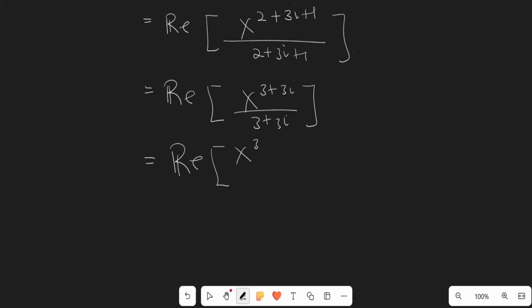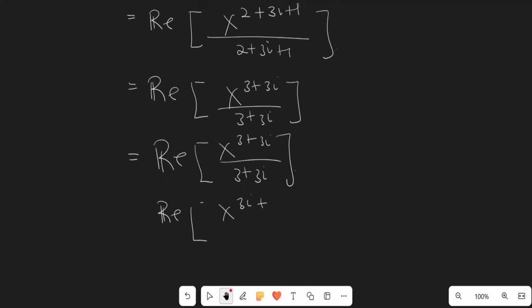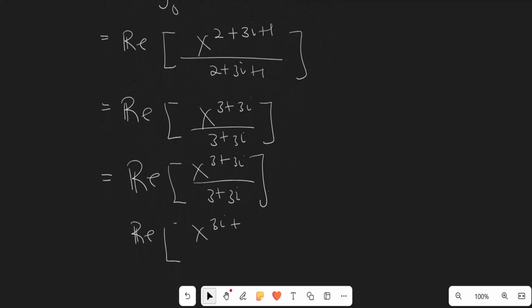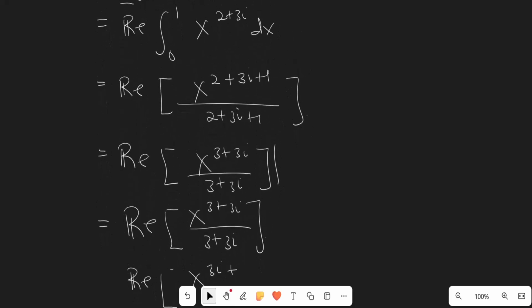But how do you take the real part of something like this? We have to rationalize the denominator to see whether we can isolate the real part from the imaginary part. So let's do that. So we have the real part of this, x to the 3 plus 3i over 3 plus 3i. I'm sorry about that, I have to take the limit from 0 to 1. Didn't take that all along.